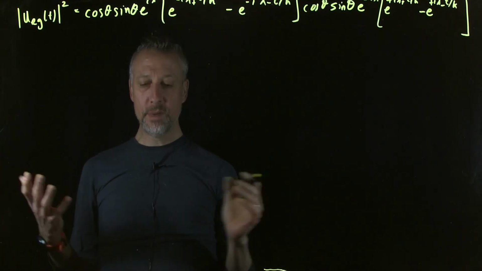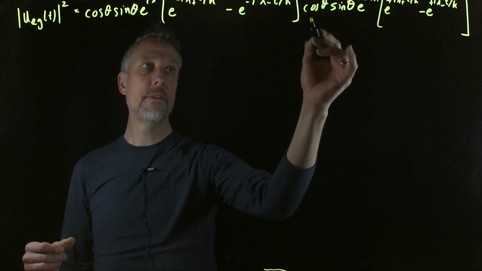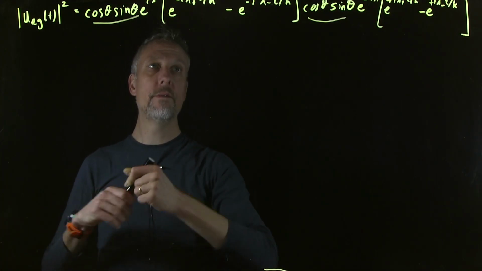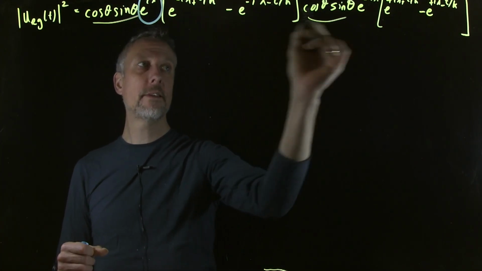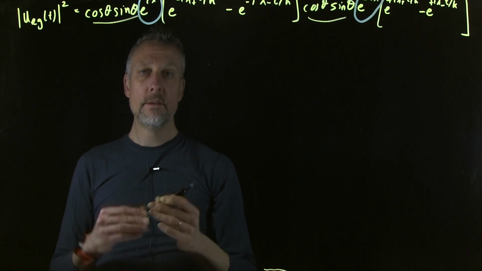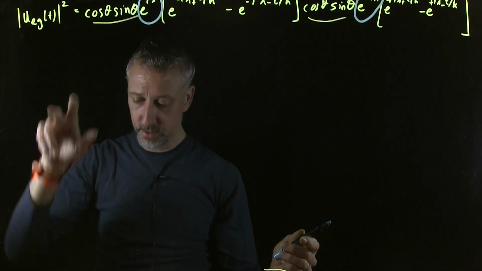Okay, this is a big equation. You can obviously factor out these terms, and as you might expect, all the complexness is going to go away because we're taking the modulus squared here.